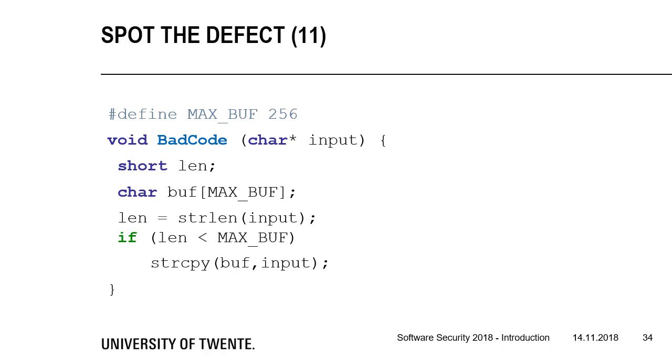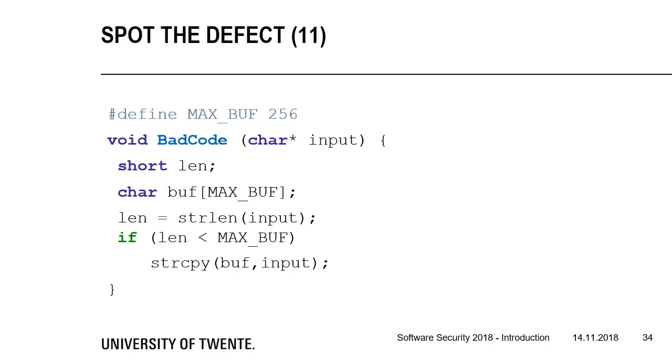So short might be a single byte. And what else is a property of short? If the input is larger than the length of a short, the length might wrap around and become smaller. So then the check will succeed, even though the input is bigger.